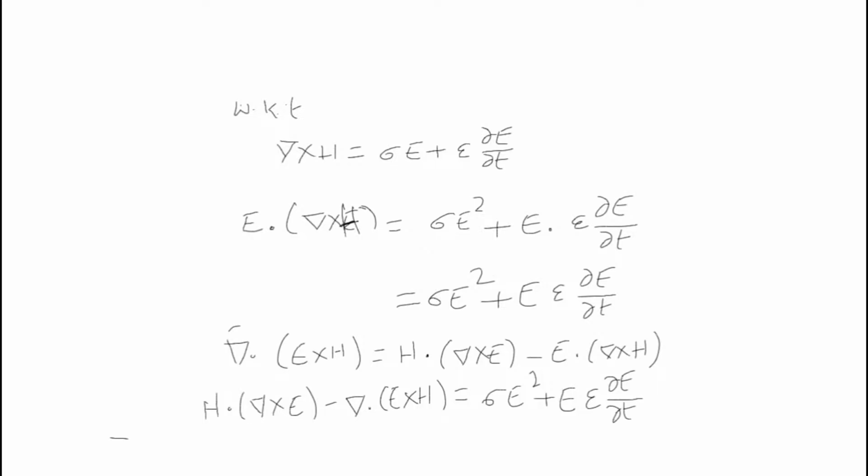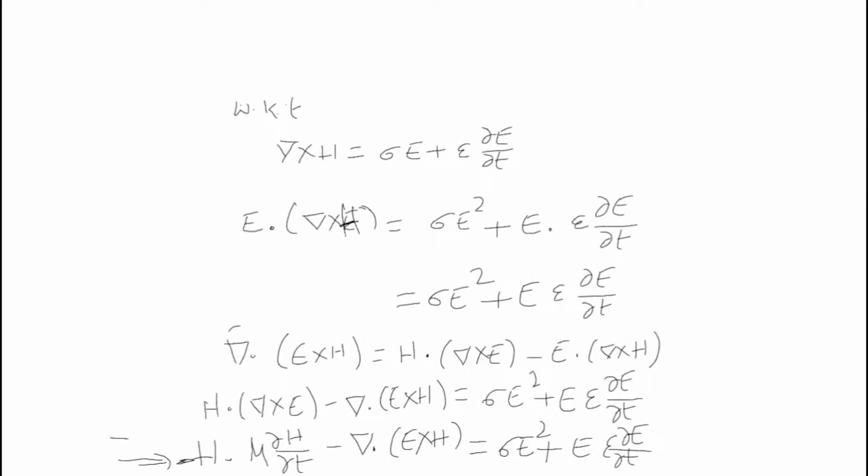Now let us substitute the other Maxwell's equation, del cross E. H dot del cross E is equivalent to minus mu dou H by dou t, so minus del dot E cross H is equivalent to sigma E square plus E into epsilon dou E by dou t. Let us simplify this. Here we have minus H dot mu dou H by dou t.